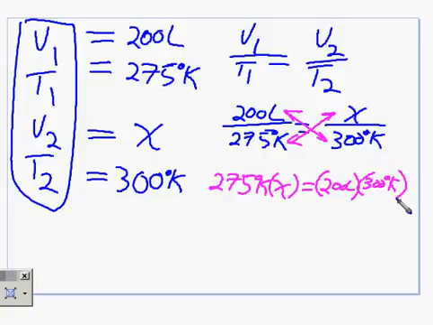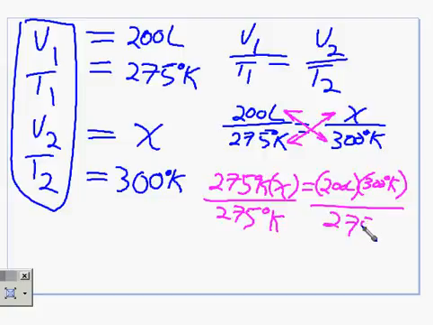So how would I solve now? Divide by 275 degrees Kelvin. That cancels. Degrees Kelvin cancels. So we say 200 times 300, which is 60,000.